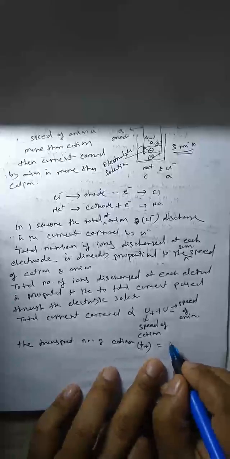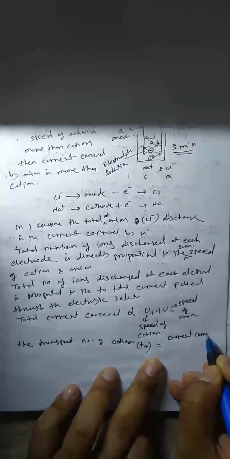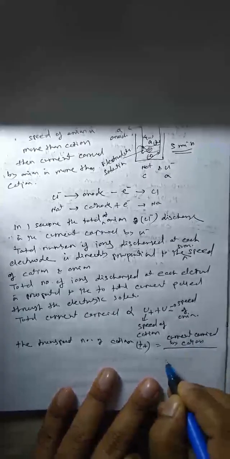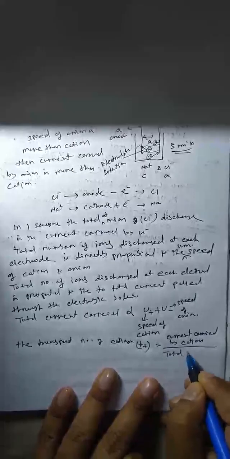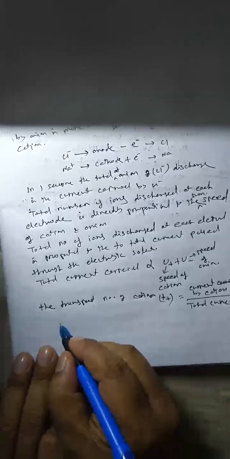The current carried by the cation divided by the total current. Current carried by cation means how many cations are discharged at the cathode, and the number of cations discharged at the cathode depends upon the speed of the cation.